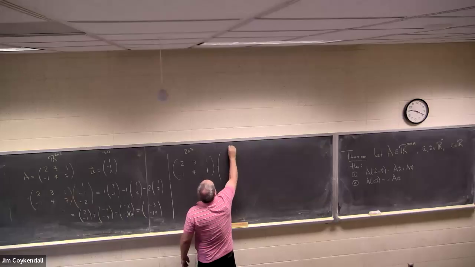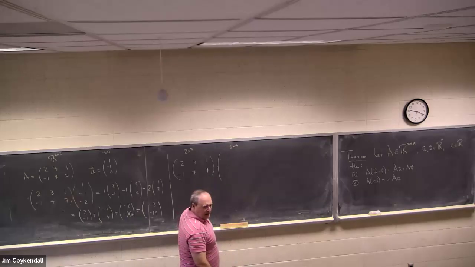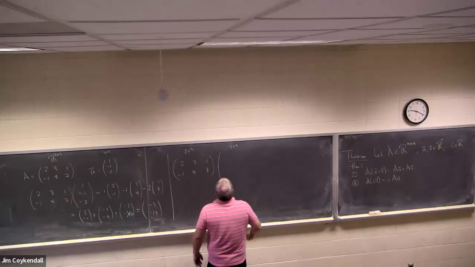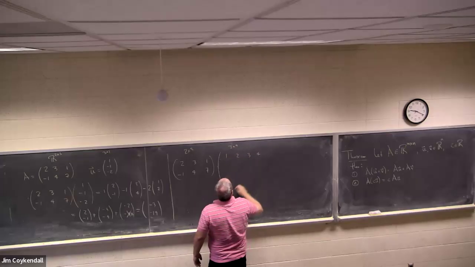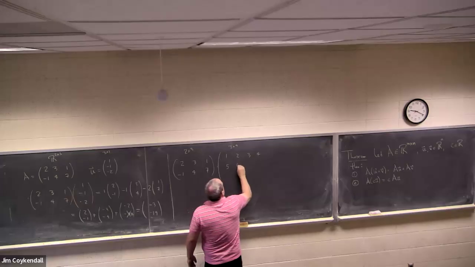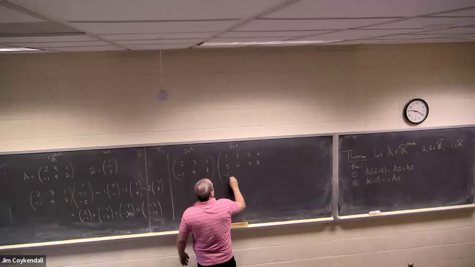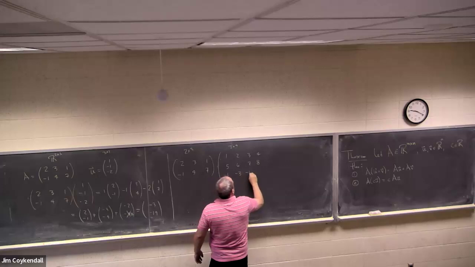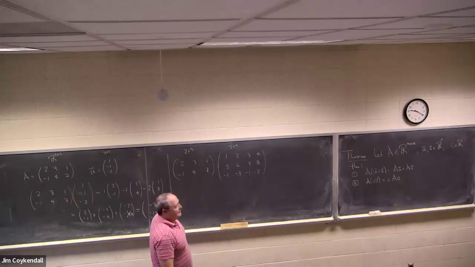Let me just make a 3 by 4 matrix. So I need 3 rows and 4 columns. So I've got 4 columns here. So let's go 1, 2, 3, 4, 5, 6, 7, 8, and minus 1, minus 3, minus 1, minus 2.